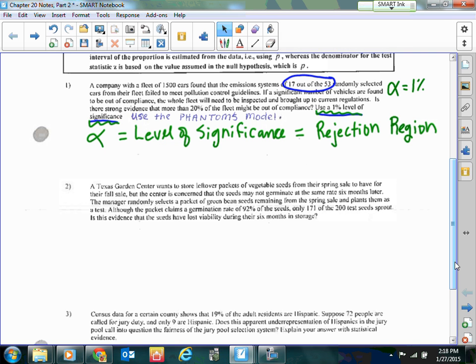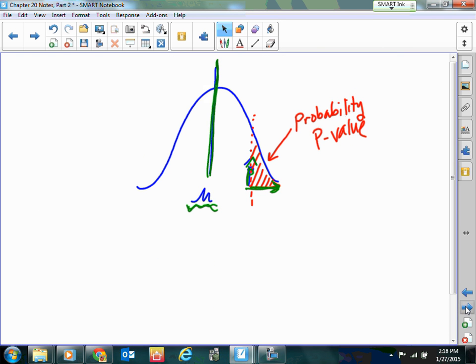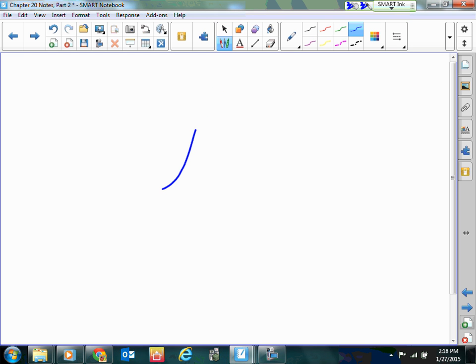So what that means in a picture is this. Here's your mean. Here is your alpha. And this area right here is 1% of all the samples. So if any sample lands up here and is in the top 1%, it is in the rejection region.